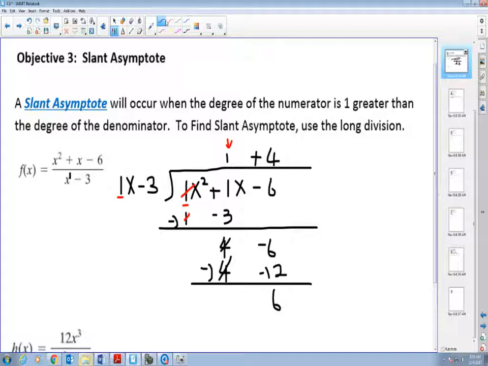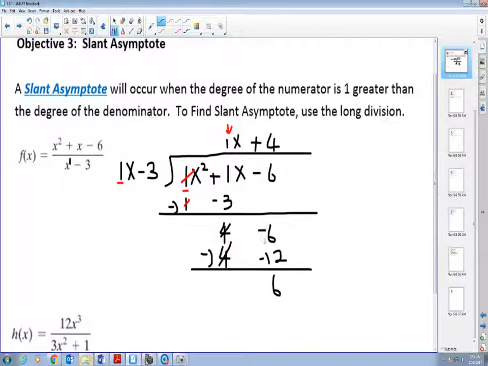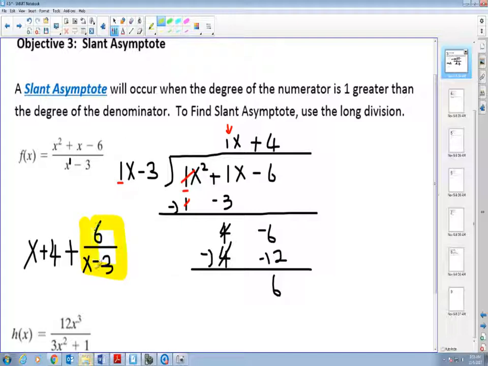When I get done with the problem, I look back up to the top and see my first quotient 1 is lined up with the x column. So technically my answer is x plus 4 plus my remainder over the divisor. If x is approaching infinity, the denominator is going to be super large.